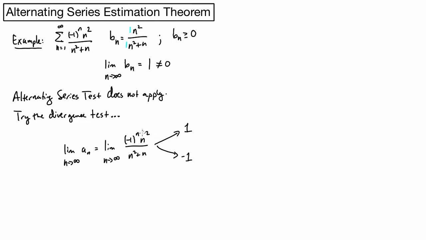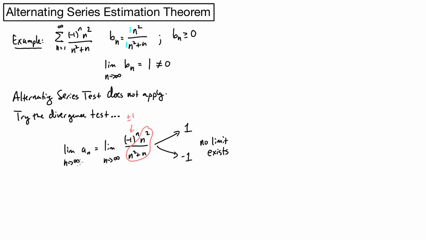Since just this part has a limit of 1, and this part alternates between plus and minus 1, then the limit as a whole is going to alternate between plus and minus 1. And the point to make here is there is no limit, so no limit exists.